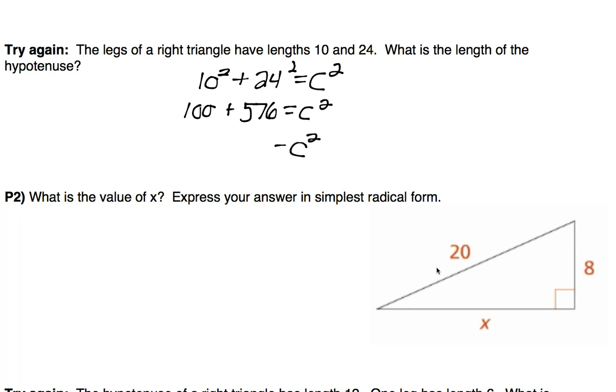So c squared equals 676. Square root of both sides. C equals 26.